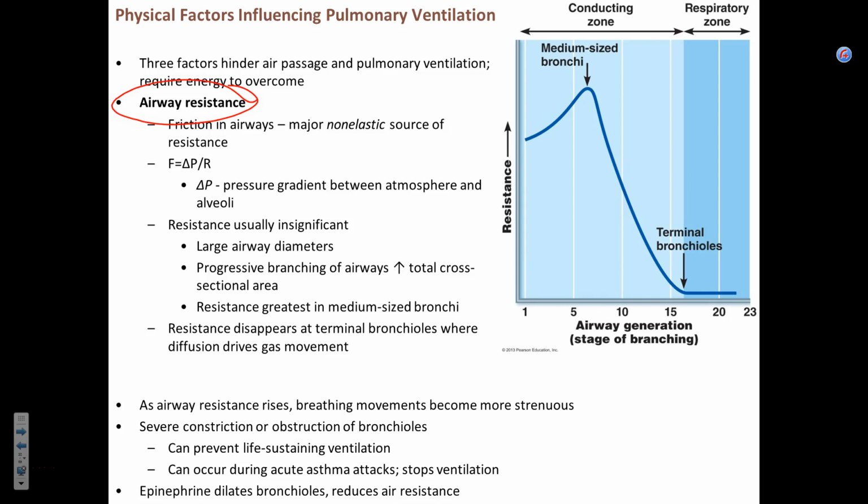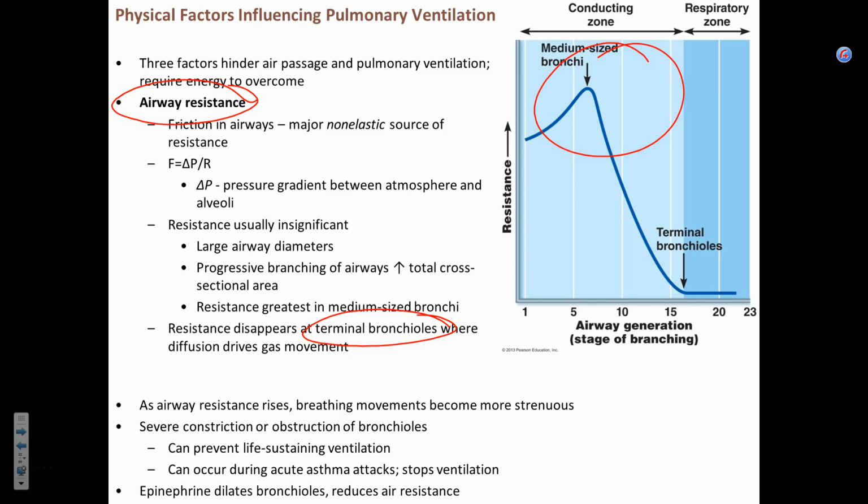It is harder in the smaller bronchioles. In the medium-sized, it's the hardest point, okay? Does that make sense? At the terminal bronchioles, resistance to the air movement is almost gone, because at this point, air starts to diffuse through the walls of the bronchioles. Does that make sense here?